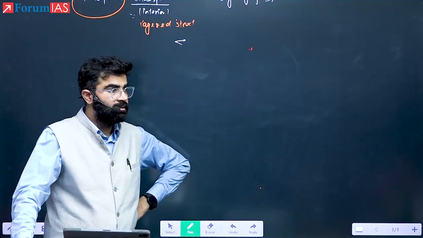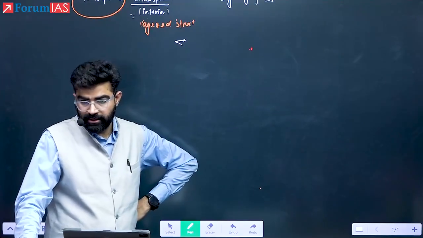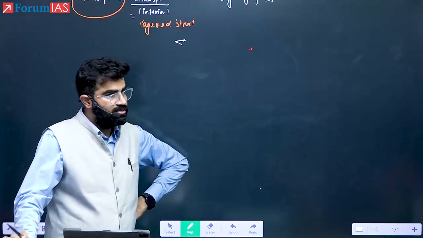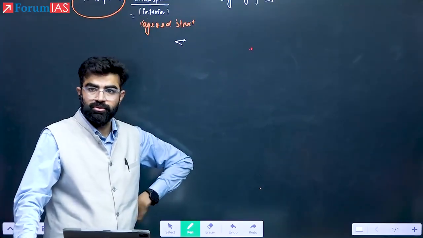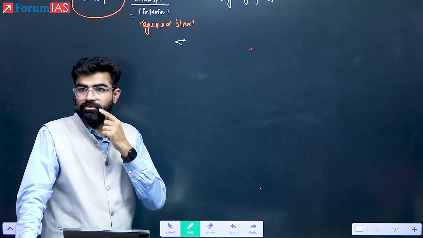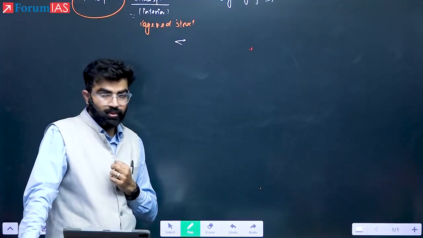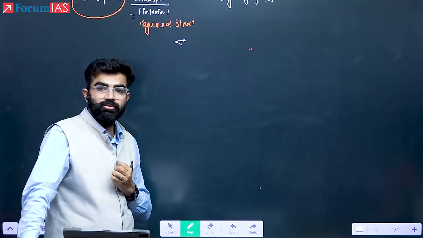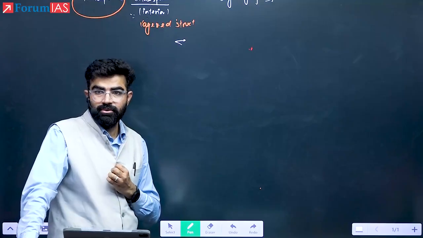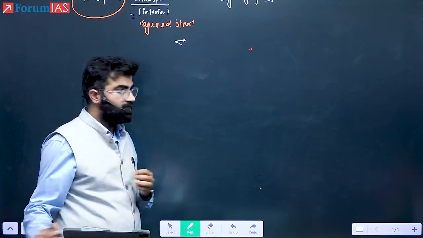And for whom is it very easy? And for moderate, most of you moderate. For geomorphology, difficult. And what about climatology? Difficult for? Moderate to difficult. Okay.